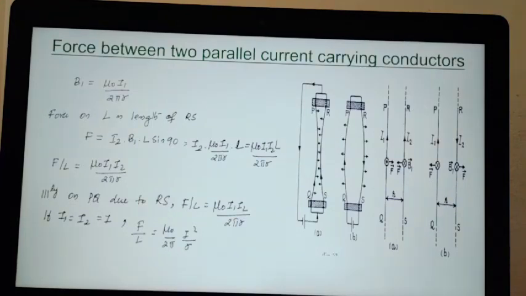That is the definition of 1 ampere in terms of magnetic force.